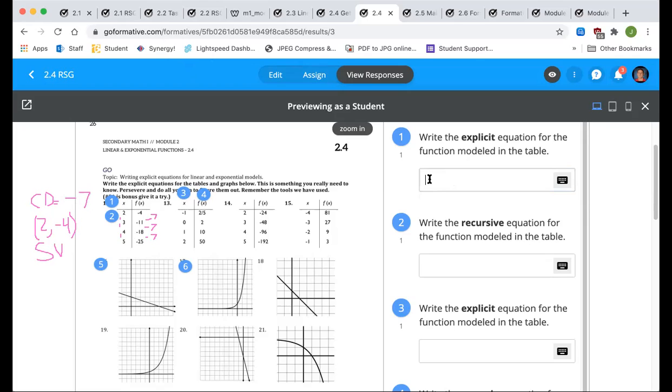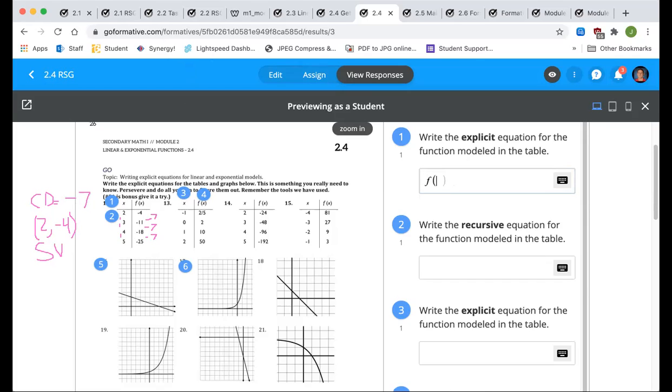So again, for our explicit equation, the output, this is the same as y equals, the output equals. A couple different ways to write it. We could say that we're starting at -4, and we are subtracting 7. If we were starting at 0, this would just be x, we'd be done.